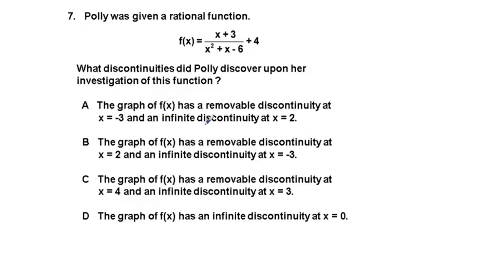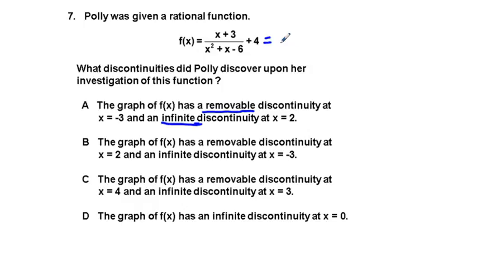Also, an infinite discontinuity is a non-removable discontinuity. A removable discontinuity will be a hole or a point discontinuity as well. And we realize that in these first 3 answers, we have both a removable and an infinite discontinuity. So we have different types of discontinuities.